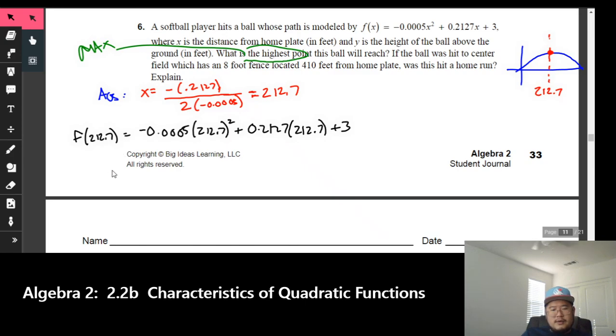So when you plug this in, you should get f of 212.7, which is approximately 25.6 feet. So that's how high this ball is. The value of y at this point is 25.6 feet. Now realistically, I don't think that's possible, because 25.6 feet is not very high off the ground.